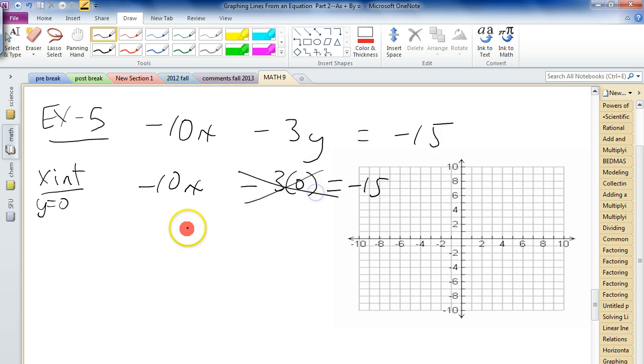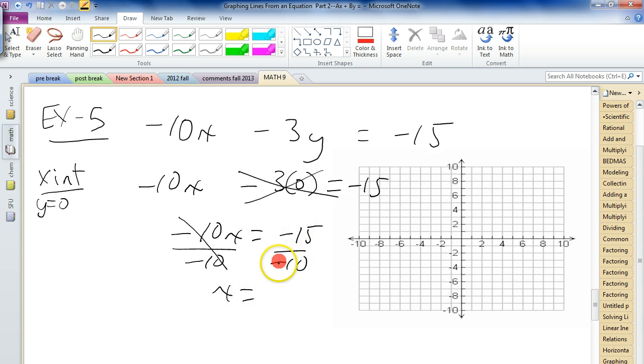That's gone, and we're left with negative 10x equals negative 15. Okay, and now when you divide, because negative 10 is multiplying the x, divide by negative 10, divide by negative 10, the 10s are gone.